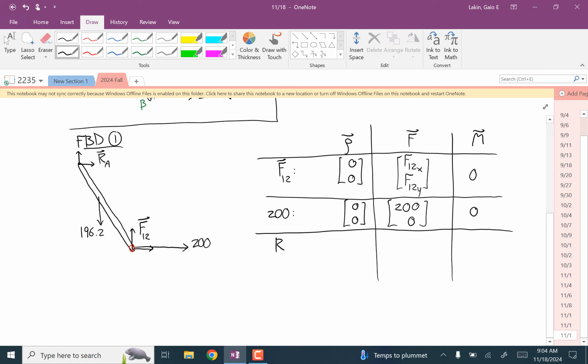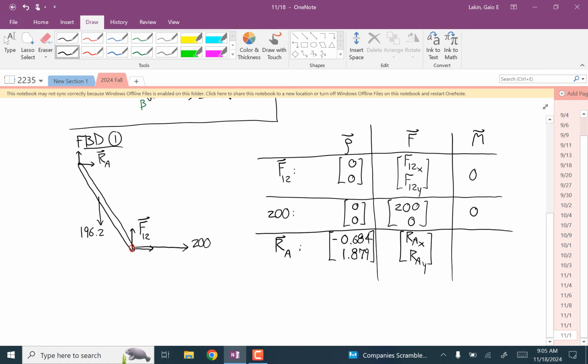Then I'll go up to RA. The row vector there is 2 times cosine and sine of 110 degrees. So that's negative 0.684, positive 1.879. Forces RAX, RAY.